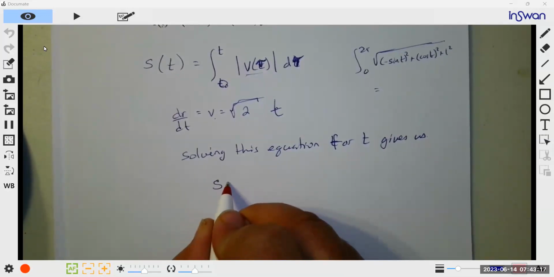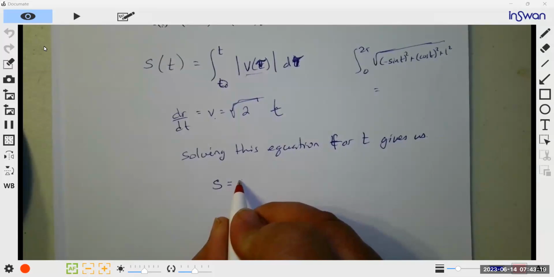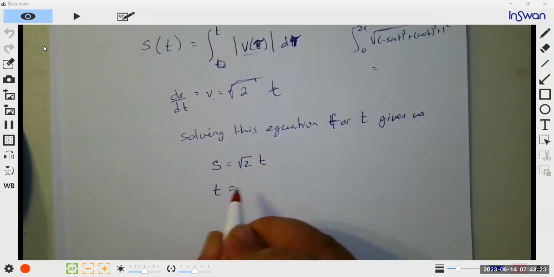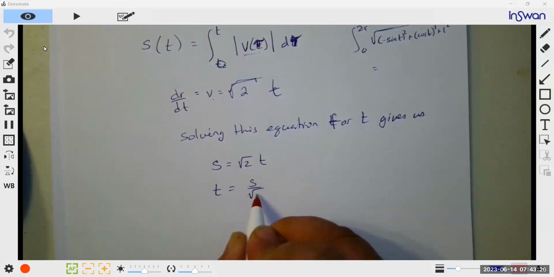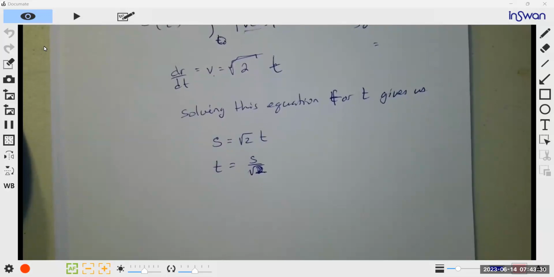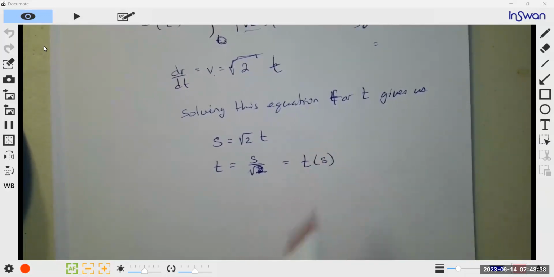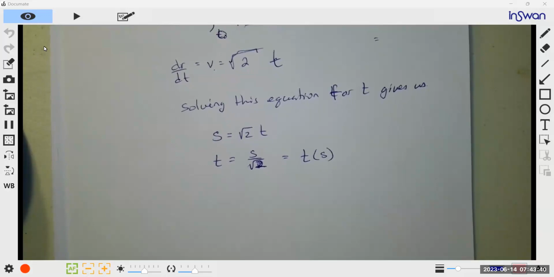So s is equal to radical 2 t, which means t is equal to s over radical 2. Now t is a function of s.